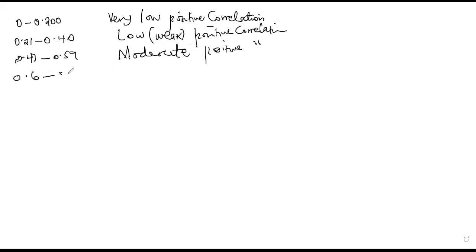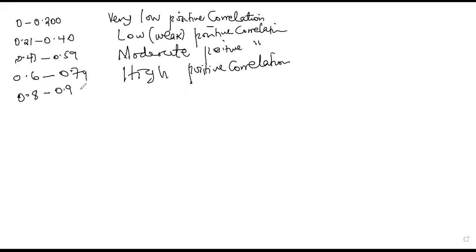If you have 0.6 up to 0.79, we say that this is a high positive correlation. If you have 0.8 to 0.99, we say that this is a very high positive correlation.